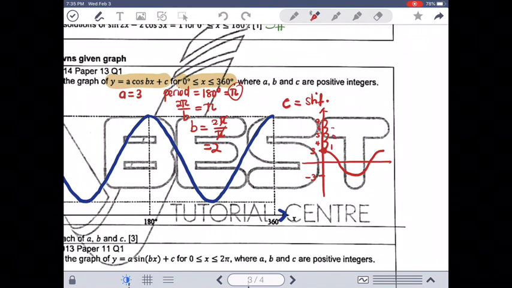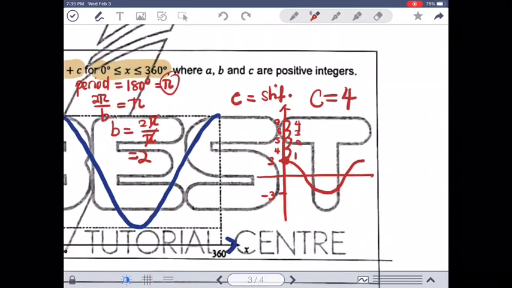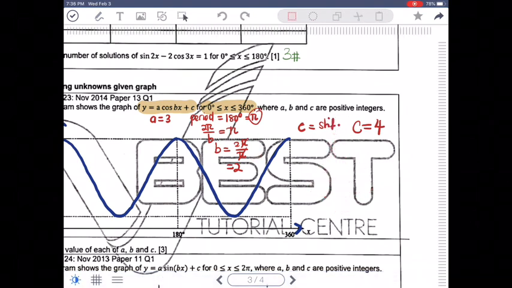So it moves 1 step, 2 steps, 3 steps, 4 steps. That means it shifts upwards from 3 to 7. Shift upwards, how many units? C equals 4. Right. Similar to the bottom, negative 3, negative 2, negative 1, 0, 1. So it becomes from negative 3 to 1. So it's obvious that c is equal to 4.